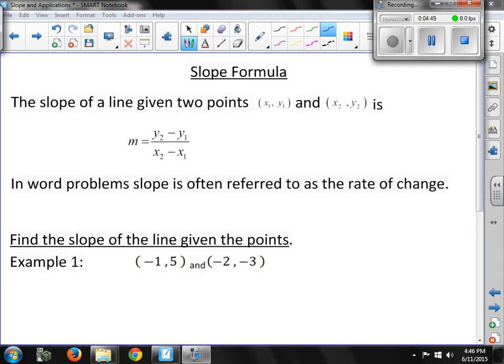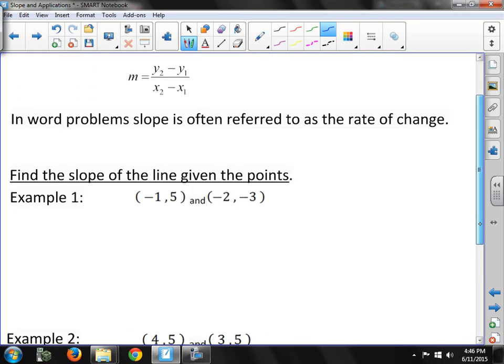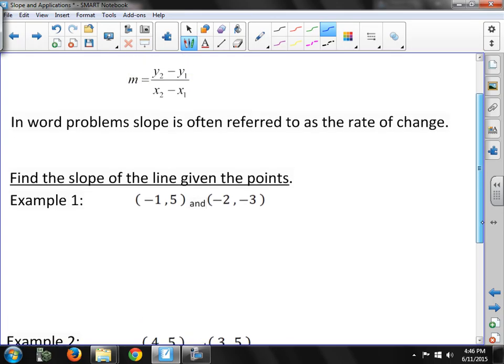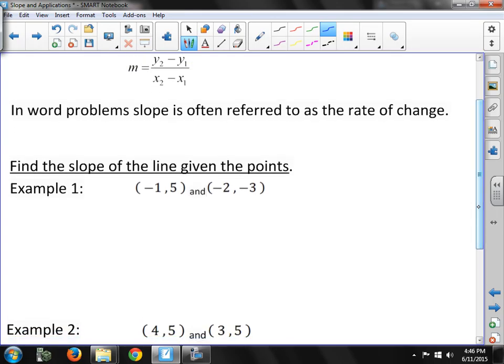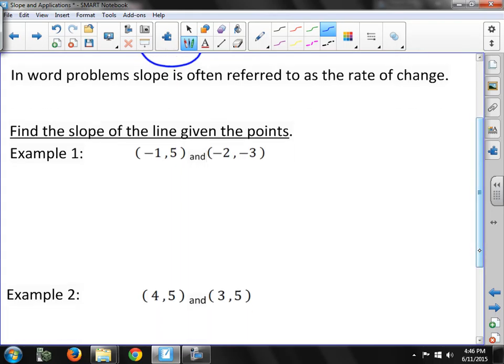Okay, let's find the slope of a line given 2 points on a line. We have a formula, y2 minus y1 divided by x2 minus x1. It's always a good idea to label your points so we don't get them mixed up. Alright, I'm going to write the formula again. y2 minus y1 divided by x2 minus x1.